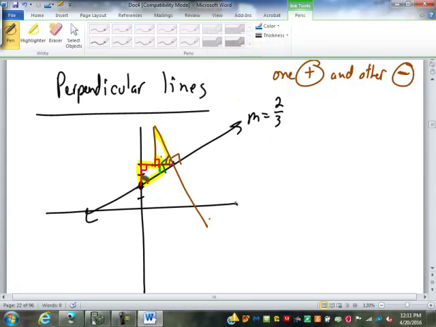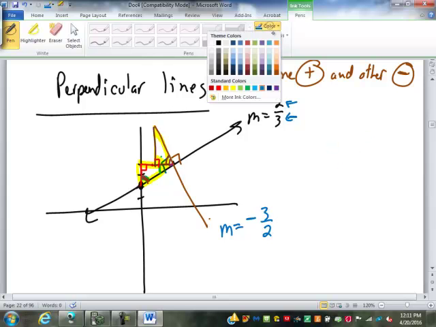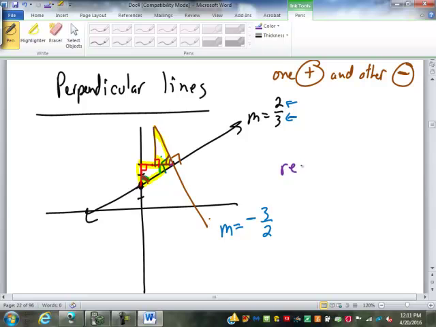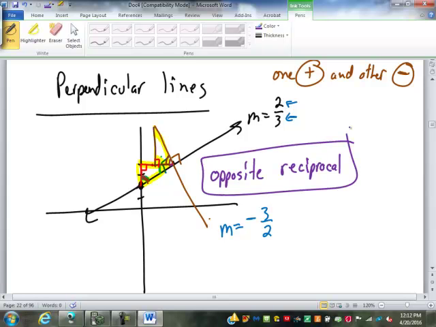So the slope of this one is going to be negative, as we said, and we swap the rise and the run, so it'll be 3/2. Now the term we use for that with fractions is reciprocal. You flip the fraction over. Making it negative, one negative, one positive, the term for that is opposite. So perpendicular lines have slopes that are opposite reciprocals.